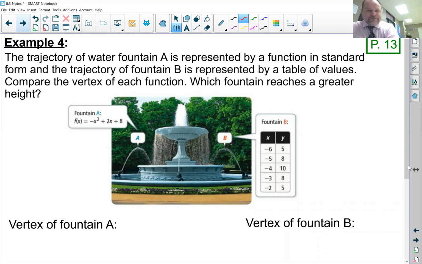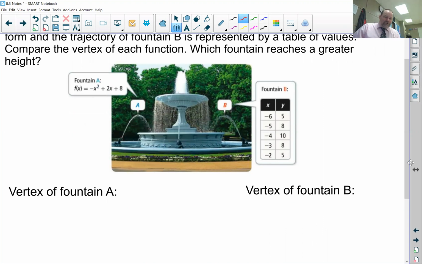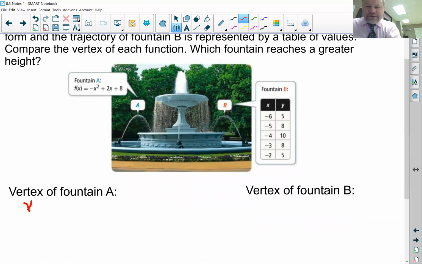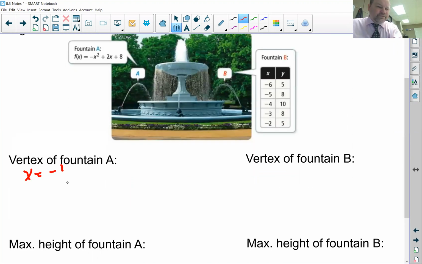Okay. So we're going to find the vertex of fountain A. To do that, we're going to first find the axis of symmetry. So the x coordinate of the vertex is the opposite of B over 2A.